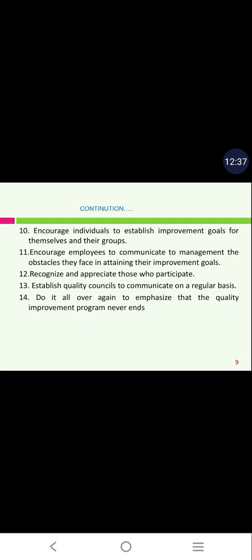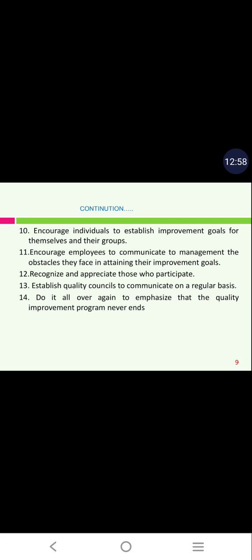So it will be an encouragement so that they can work better in the upcoming days. And point number 13 is establish quality councils to communicate on a regular basis. So as I discussed earlier, a quality council has to be formed.